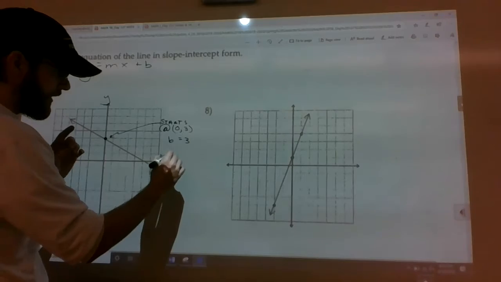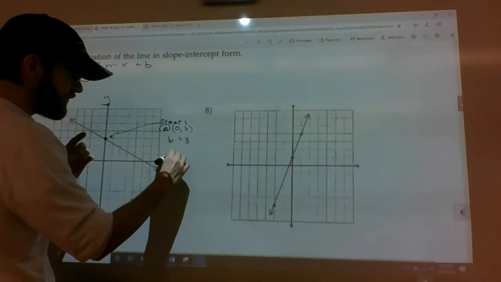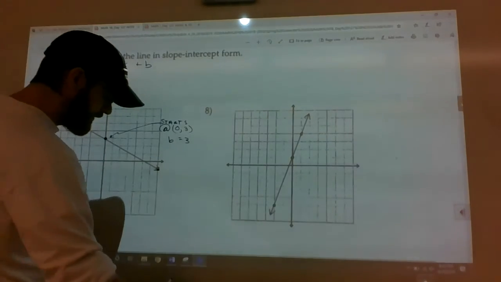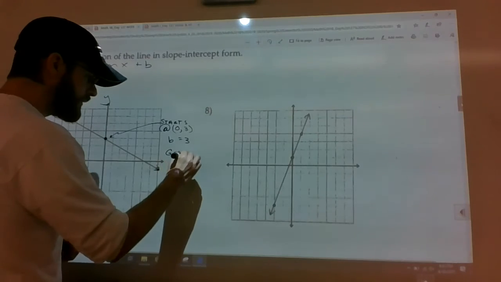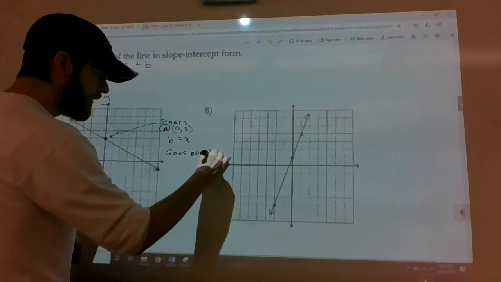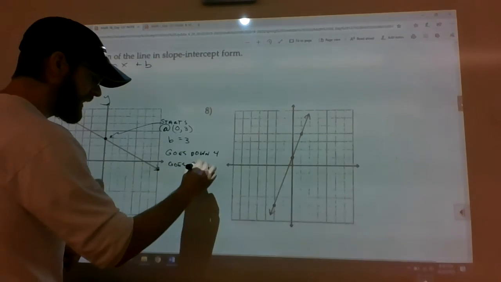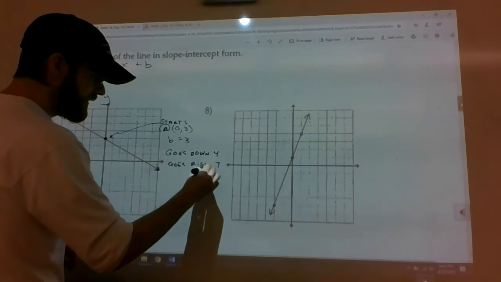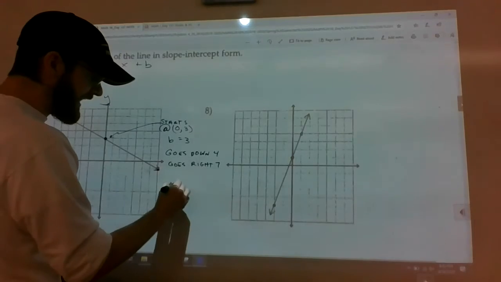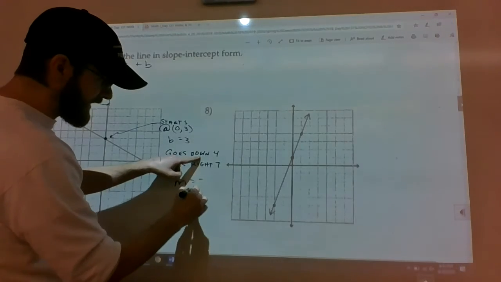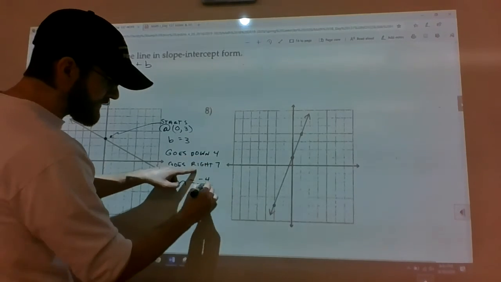So it goes down 4, goes right 7. So that means that m is equal to down negative 4, right positive 7.